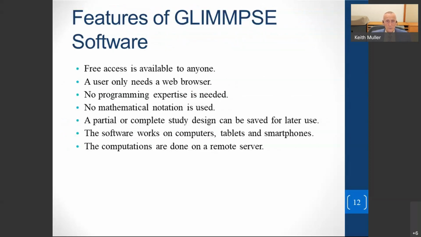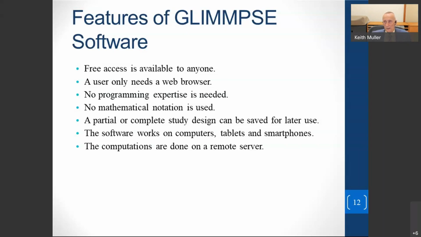The key feature of the software is that anyone, anywhere can use it at any time. You only need a web browser. You don't need to be able to do any programming. You don't need to use mathematical notation. You can save a partial study design or a complete study design for later.